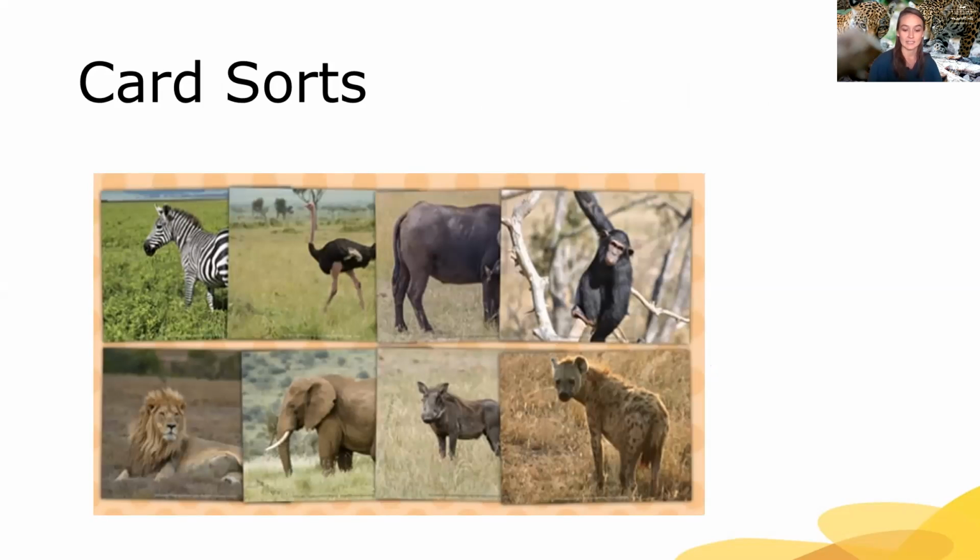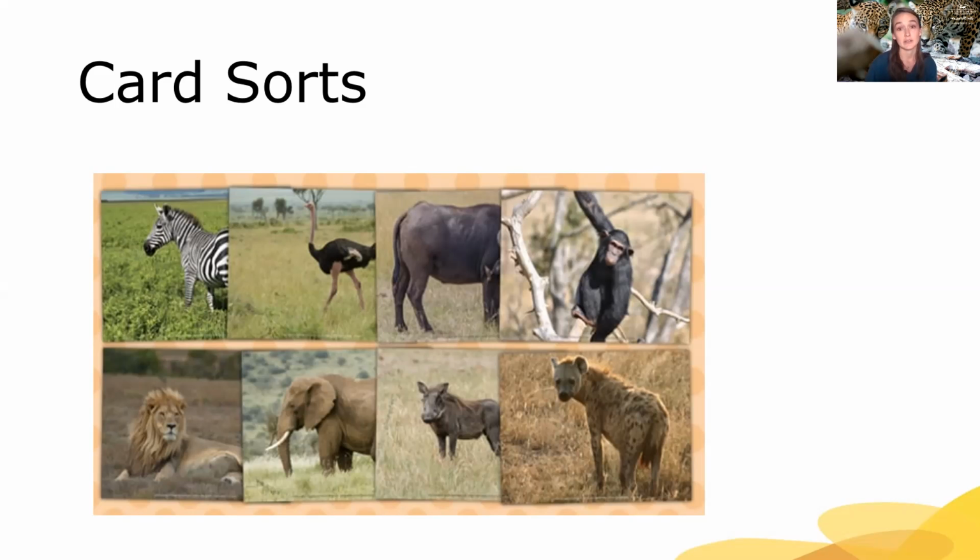And as he said, this could be a good tool for people who might not read very well, whether that's people who don't read very well or children who haven't learned to read yet. You can sort your cards into categories or rank your items to demonstrate your perceptions or your attitudes or things you like and things you don't like. And there's a lot of ways to use this one as well.